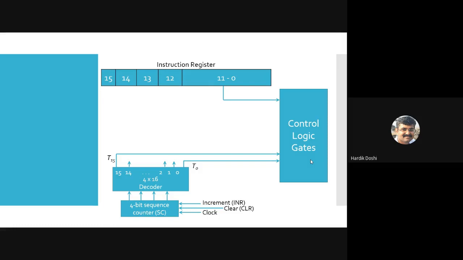So the processor needs to first of all decide which type of instruction it is: memory reference, register reference, or IO. And for deciding that, how will you be able to bifurcate them? Can anybody tell me? How can you differentiate that this is memory reference, this is register reference, or this is IO?